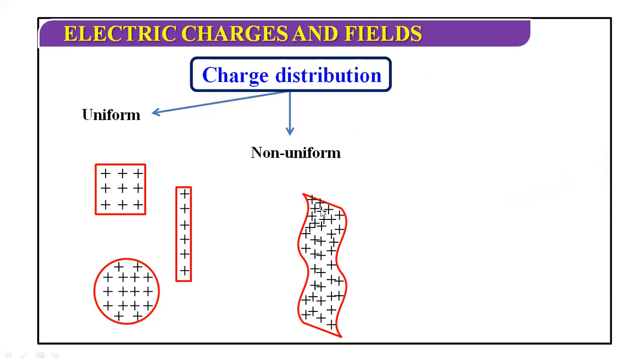I told you in my previous lecture, charge density is equal to charge upon area, where area is small, and you see in this corner area is small, here in the middle area is large, here area is small, so more and more charges will accumulate at the sharp edges. So this is an example of non-uniform charge distribution. At some areas charges are large, at some areas the charges are small. So non-uniform distribution of charges.